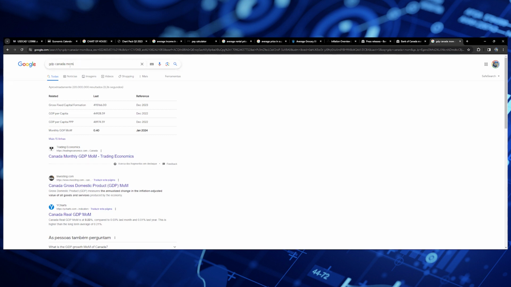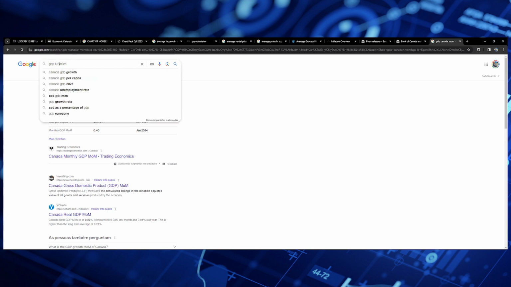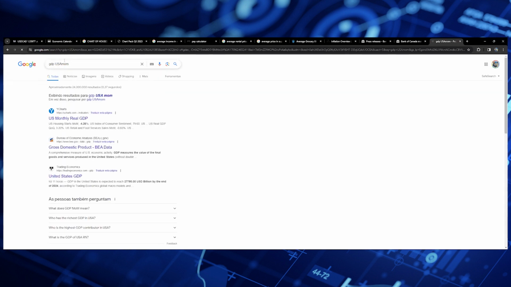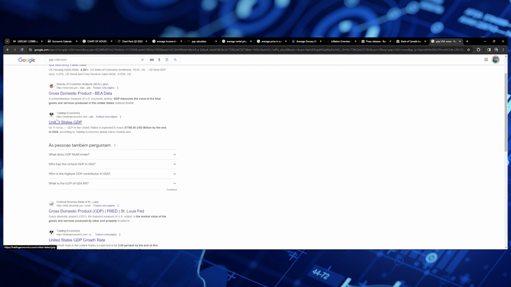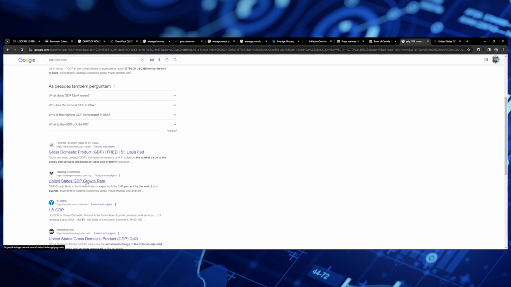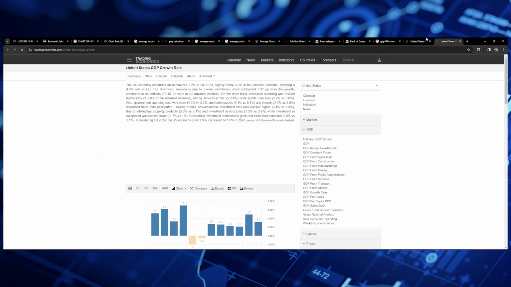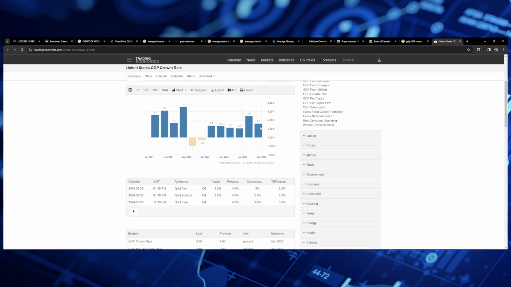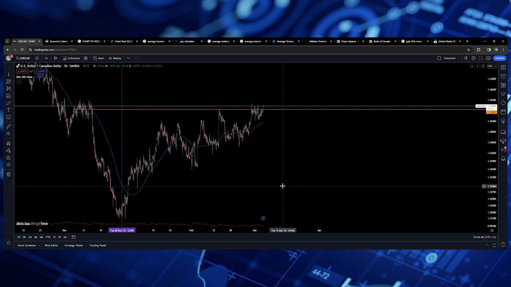When we look to the USA, we got 3.2%. So how can we compete with 0.4 to 3%? Pretty unfair, right?